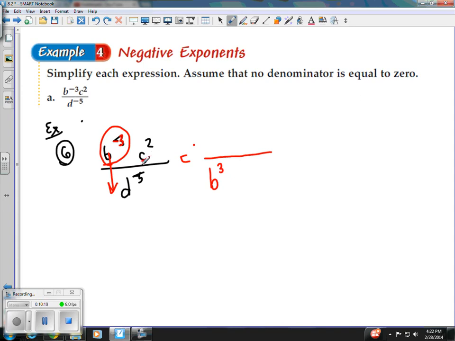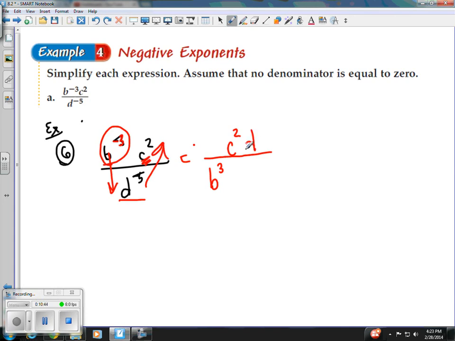Then we look at our c squared. His power is positive, so he wants to stay on the top. He wants to stay where he is. Then our last variable to look at is d. I have d to the negative fifth. His power is negative, so he doesn't want to be on the bottom part of the fraction. He wants to change his location and go to the top.